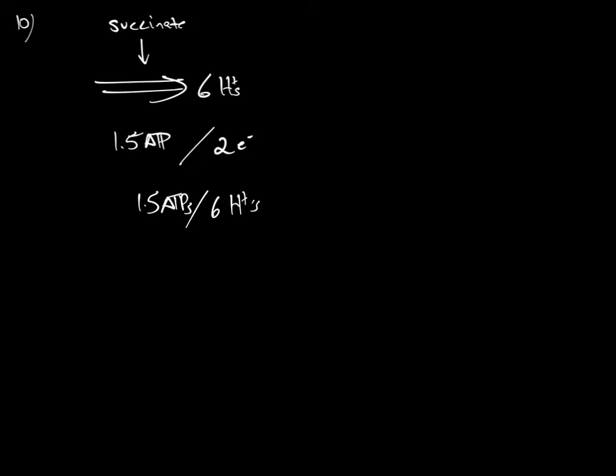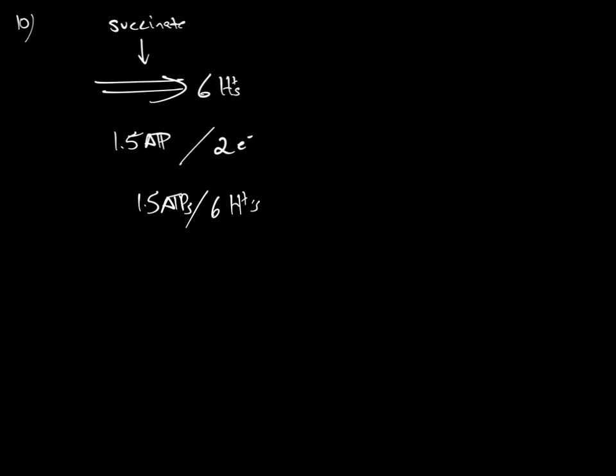I know that wasn't too clear, so let me try repeating myself. You have 1.5 ATP that are synthesized per 2 electrons that come from the succinate. The succinate actually goes to a specific complex, where the FADH2s that the succinate deals with drop off their electrons and are oxidized, and so that's where these 2 electrons come from.